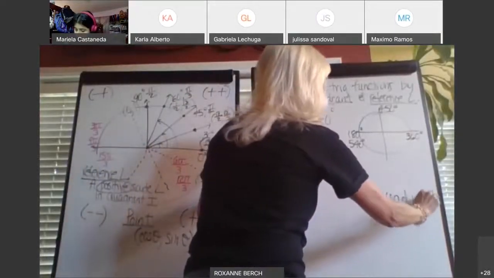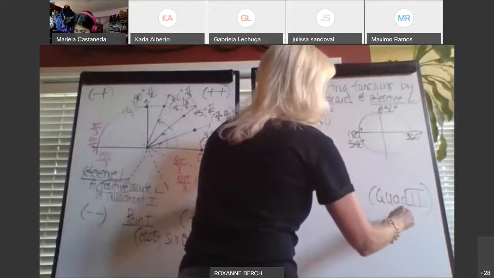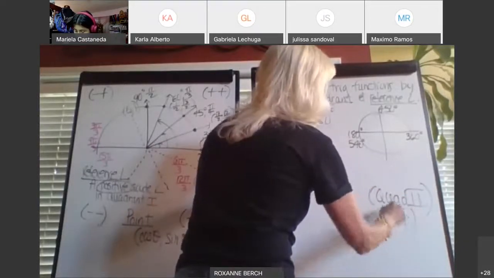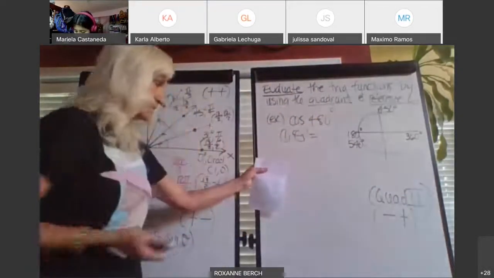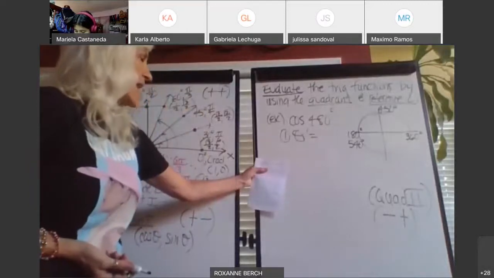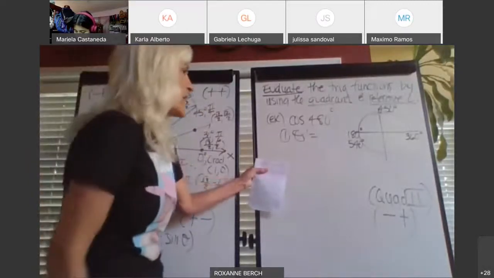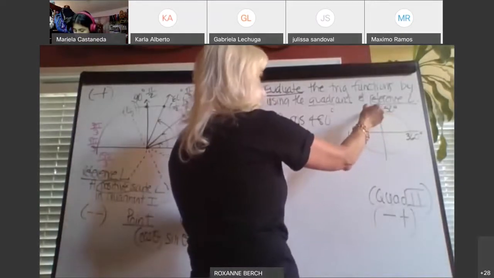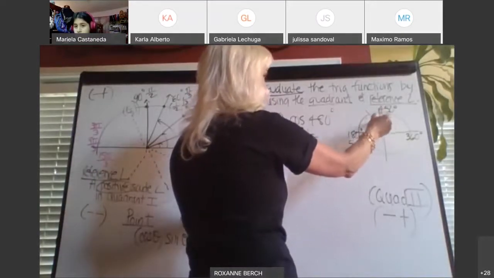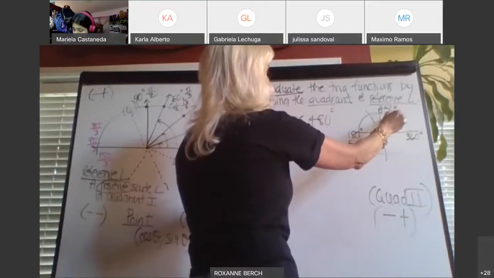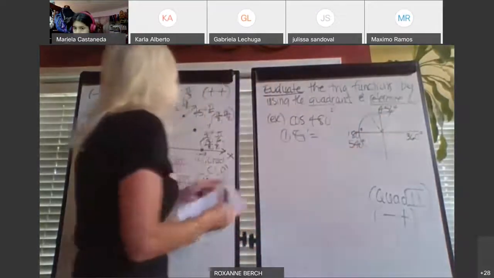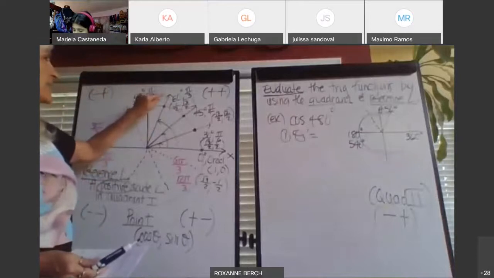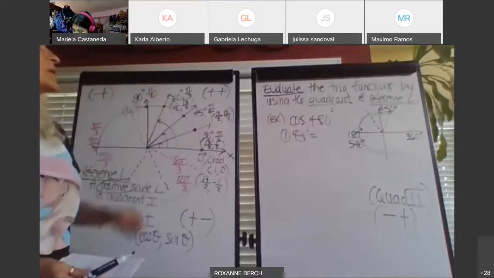Write that down here. You know, quadrant 2 is negative, positive for the ordered pair. Okay, well, where is it though? It's 30 from 450, right? So it's there. So that means our reference angle is going to be the 60-degree angle.